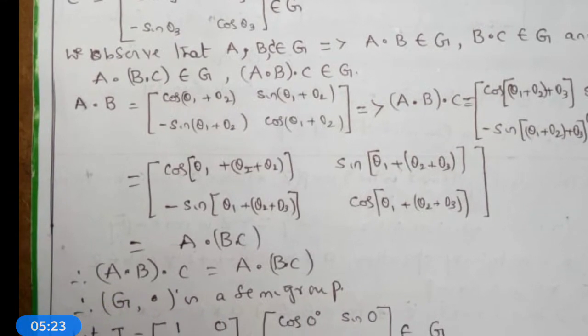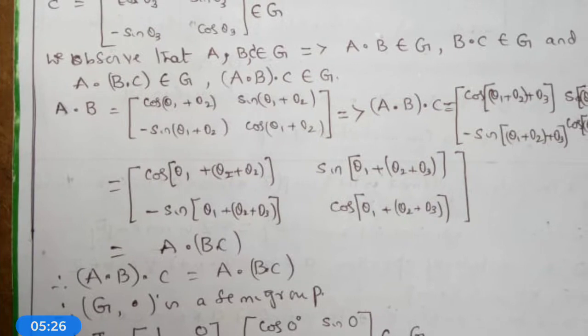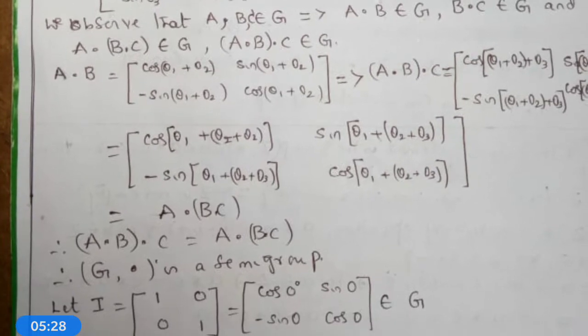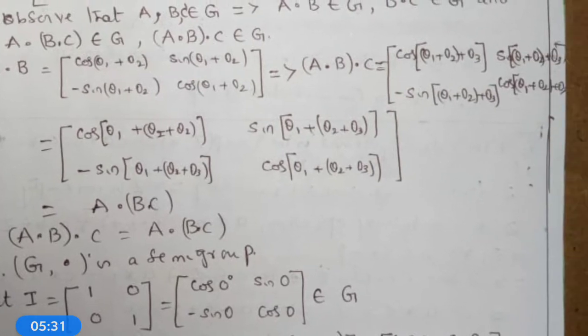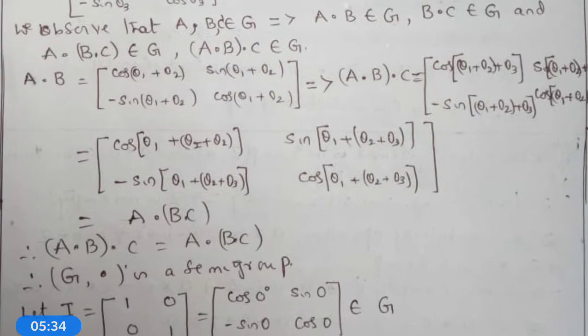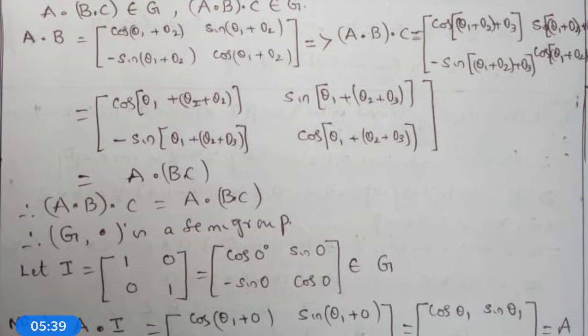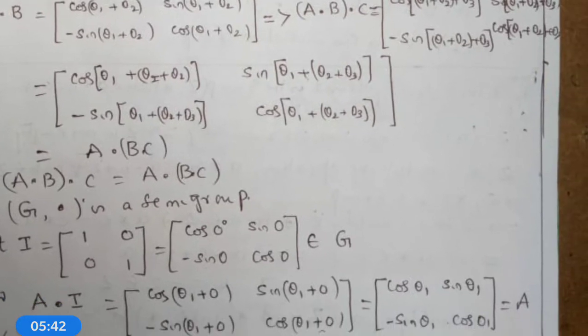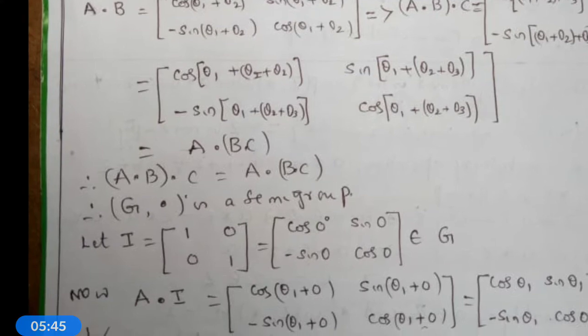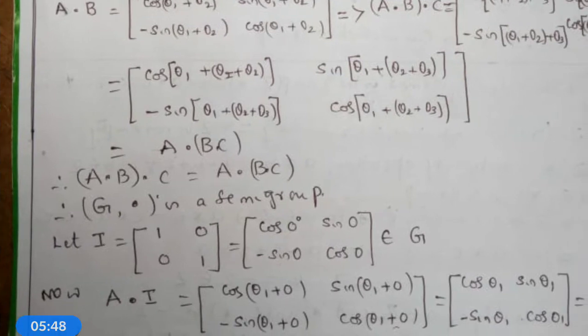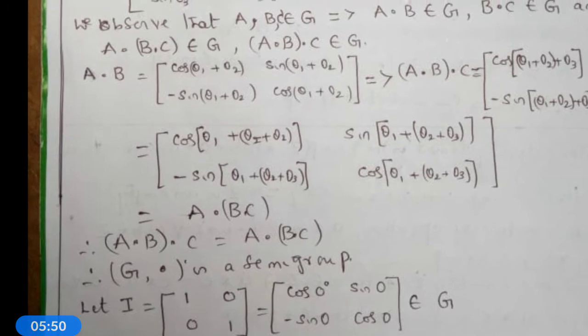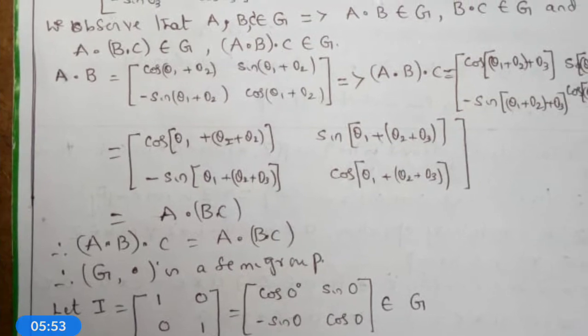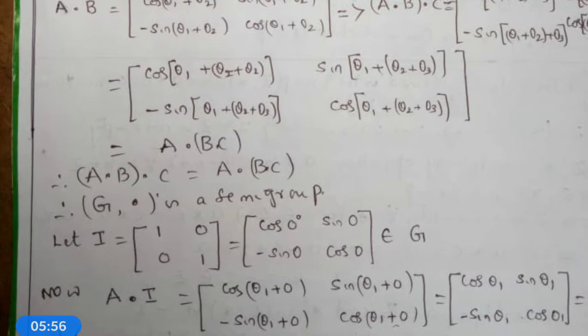So this is A dot B dot C. This is nothing but cos theta 1 plus theta 2 plus theta 3, sin theta 1 plus theta 2 plus theta 3, second row minus sin theta 1 plus theta 2 plus theta 3, cos theta 1 plus theta 2 plus theta 3, which is equal to A dot B C. Therefore, A dot B dot C is equal to A dot B C. Therefore, the matrix multiplication for the 2 by 2 matrices in G obeys the associative property.